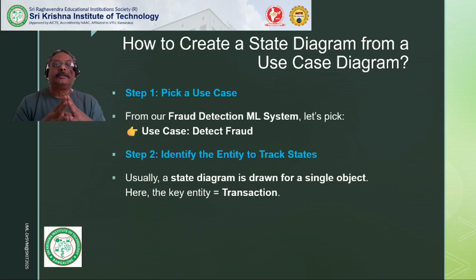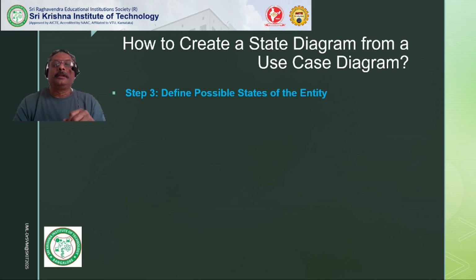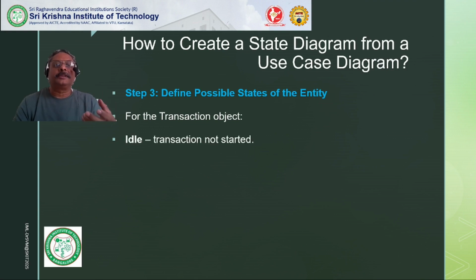Usually a state diagram is drawn for a single object, and here let us say the key entity is the transaction. Then define the possible states of the entity. For the transaction object, the state may be not yet started, so it is idle, waiting for some transaction to take place.